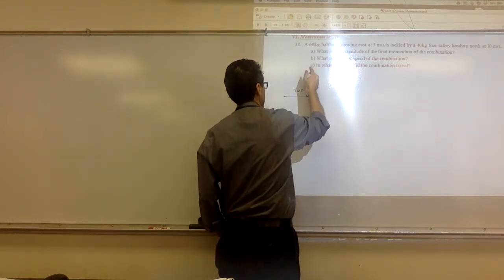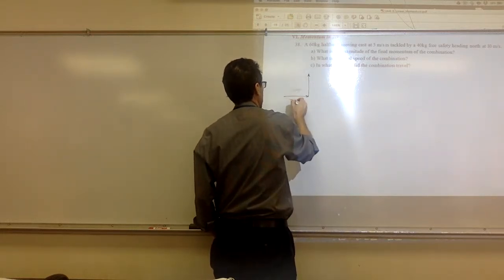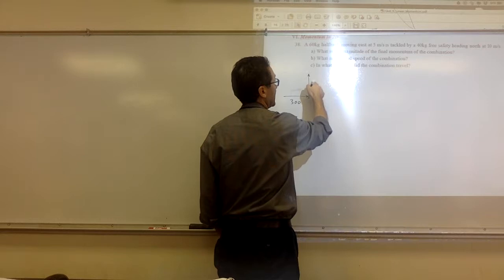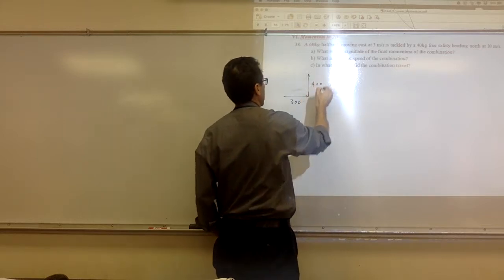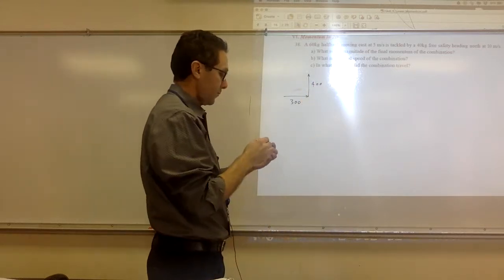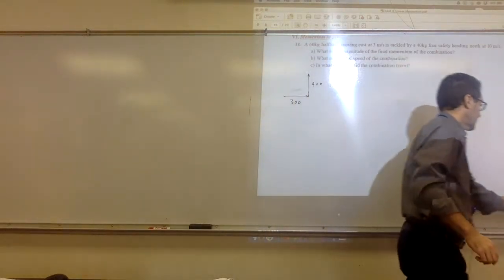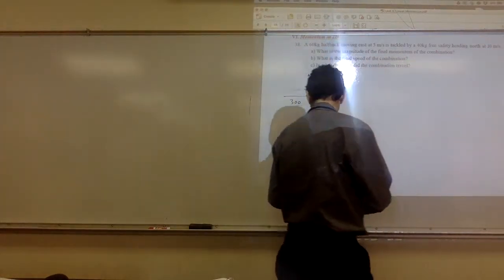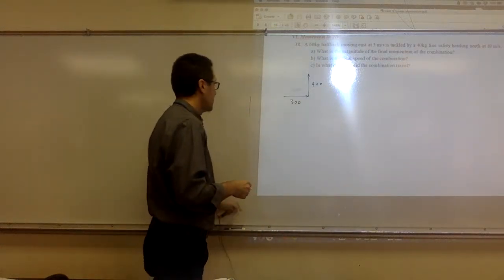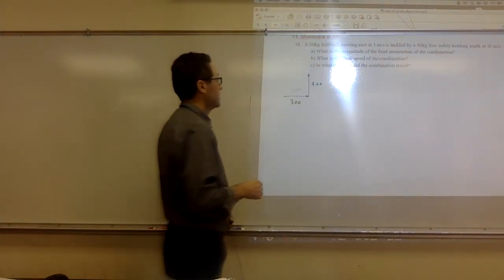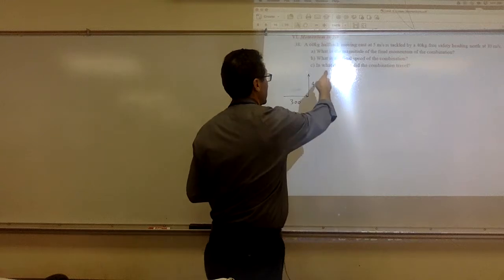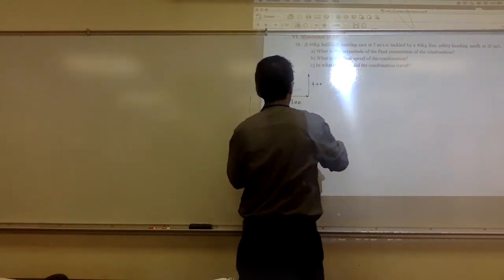So I'll put the 300 down here. So the momentum of this one is 400. Okay, I always start with the east and west first, and then I do north and south second. And the reason for that is because when we measure the angles, we always measure them with respect to east or west. What is the magnitude of the final momentum of the combination?